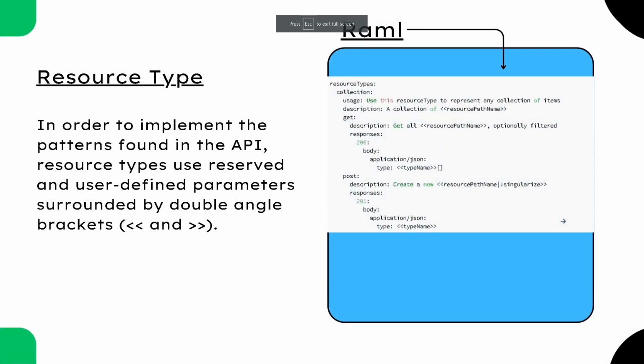So guys, from the definition it is written, in order to implement the patterns found in the API, resource types use reserved and user defined parameters surrounded by double angle brackets. So guys, on the right hand side you can see that's how we used to create the resource types.